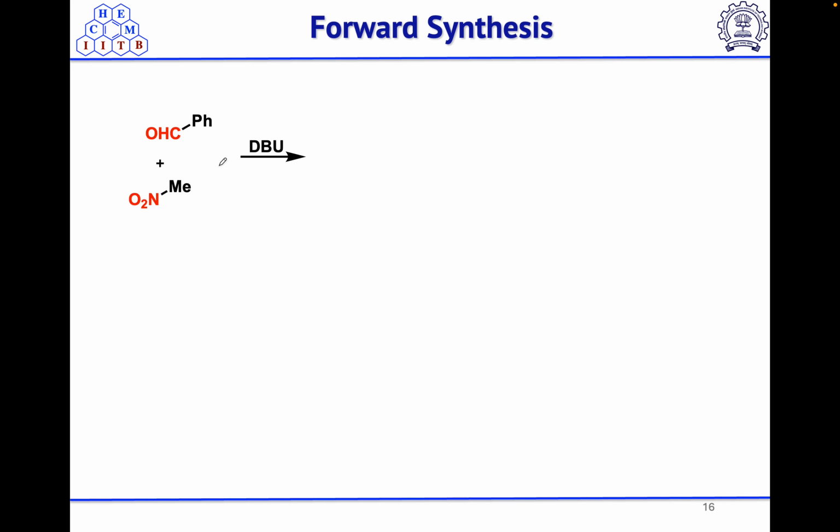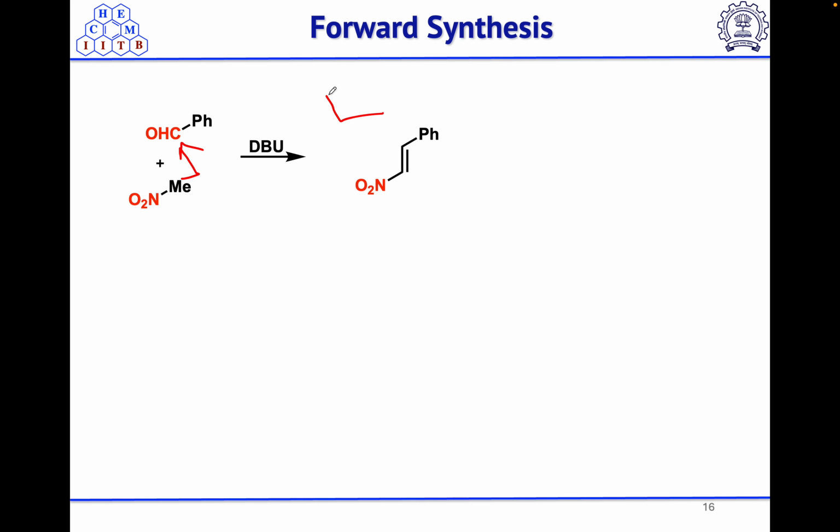So DBU, then what will happen? Basically, it will take a proton here and undergo an aldol reaction, and it will give this alpha-beta unsaturated nitro compound, that is your dienophile, right? Now you need to treat with the diene. What will be the diene here?